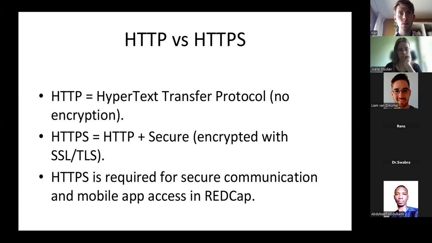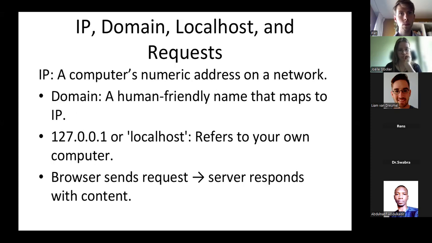Now let's move on to IPs, domains, localhost, and requests. An IP is just a way to identify a computer in a network. If you have computers sharing a network, these computers are assigned an IP address so you can communicate with each one. They are just numeric values, like 127.